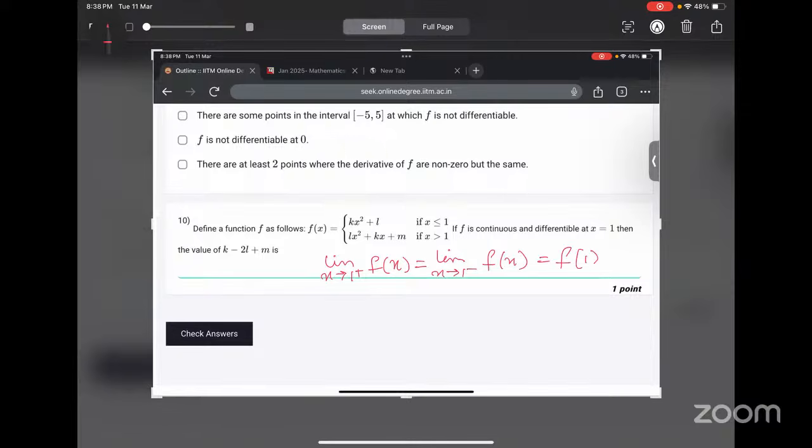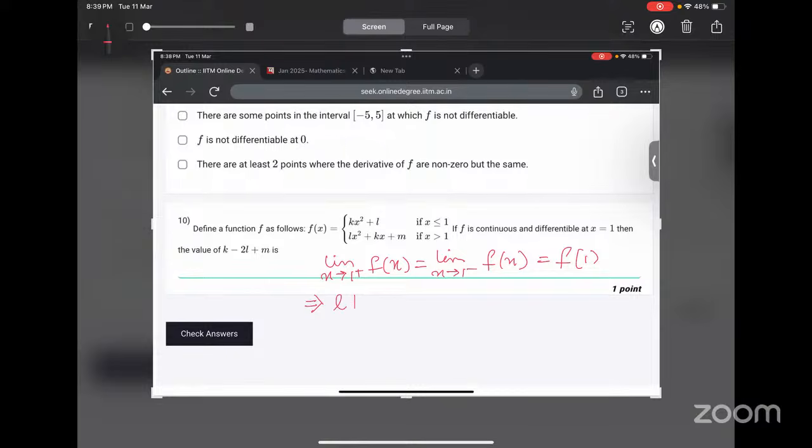Now what is limit x tending to 1 plus f of x? Ma'am, L plus K plus M. Correct.